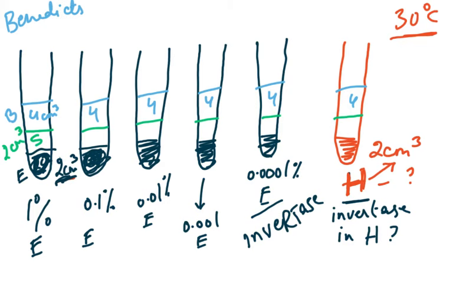So we're going to add sucrose to all of them. This is the sucrose that we're adding, which I'm shading in green, and we're adding the same volume in each, 2 cm cube. So we've added 2 cm cube of sucrose into each test tube, including the one which is H.